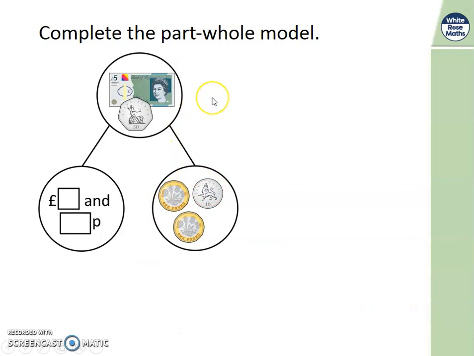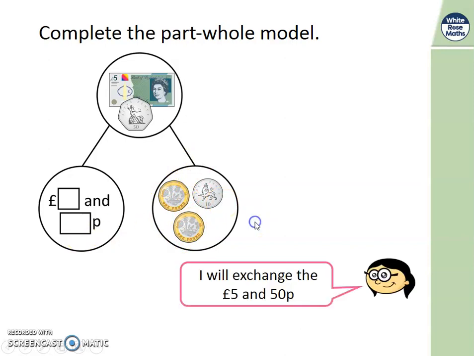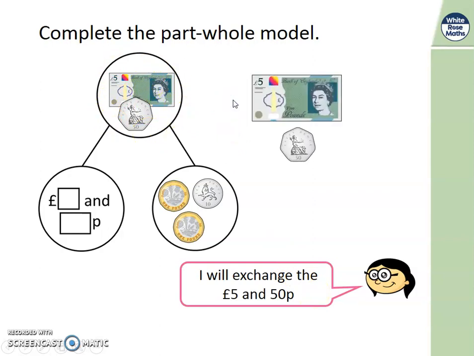Here it says complete the part whole model. So here I have my total amount of £5.50. One part is £2.10, and I want to find the part that's missing. Here she says I will exchange £5.50. So she's going to take this and exchange it into parts she can use.